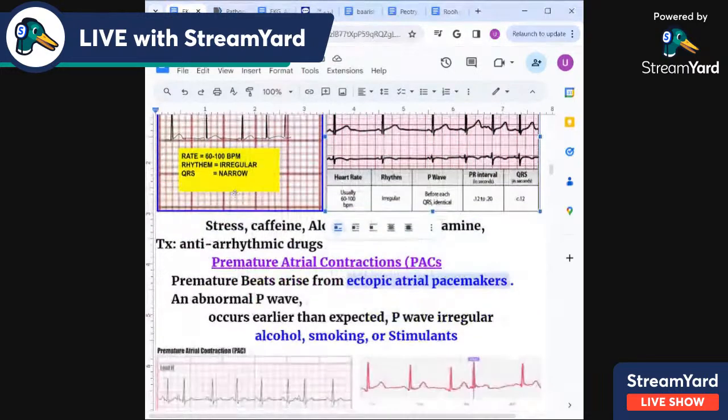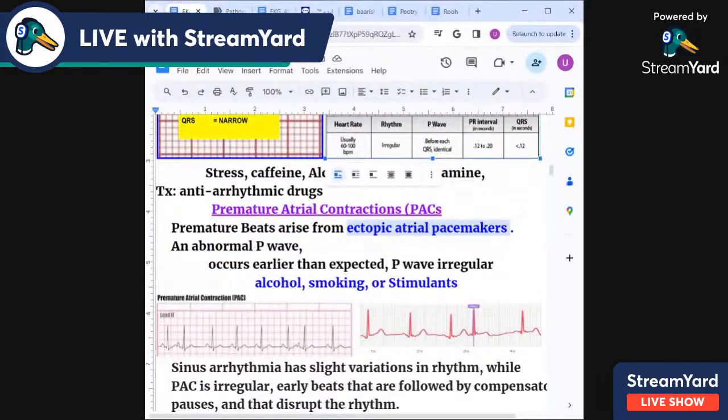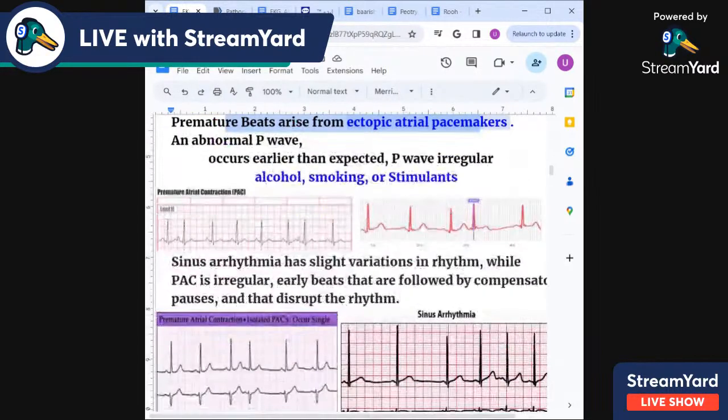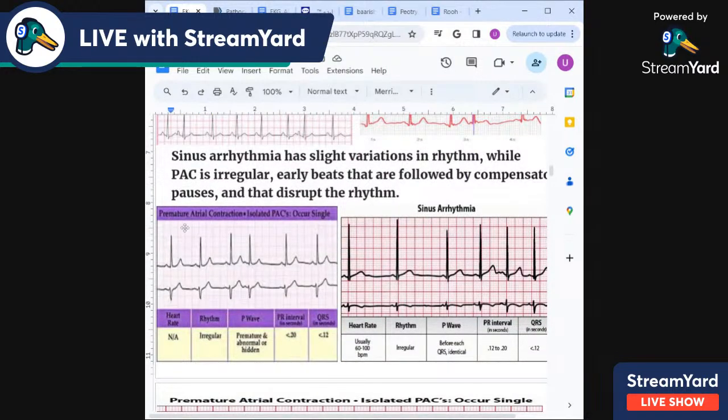Then we have premature atrial contraction. There are premature beats. They arise from an ectopic atrial pacemaker. An abnormal P wave occurs earlier than expected, and there is a gap. See here, earlier we discussed premature sinus arrhythmia where there was no gap.